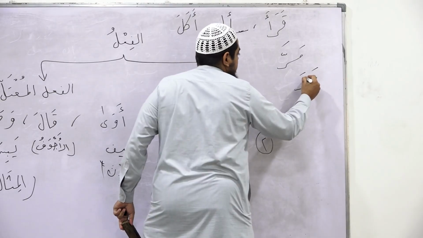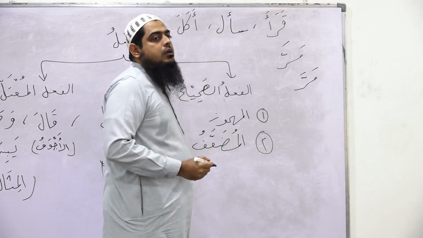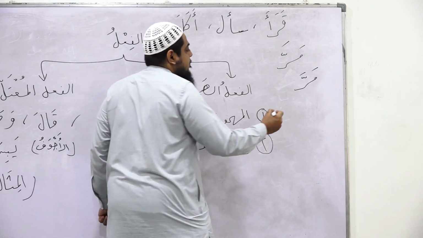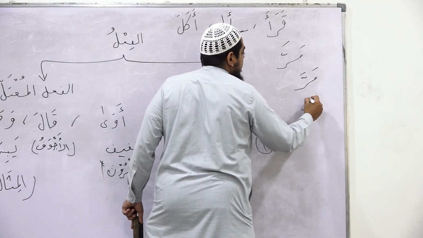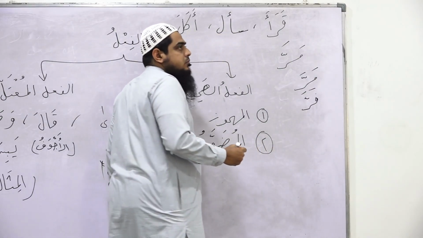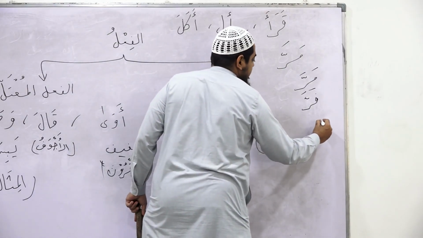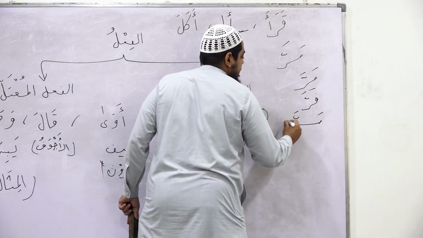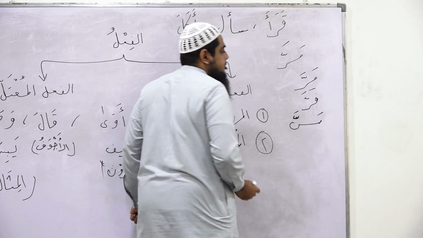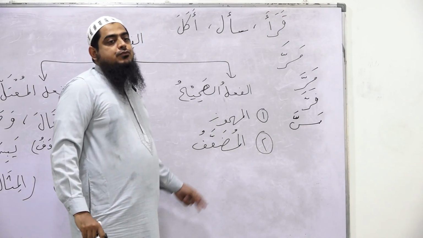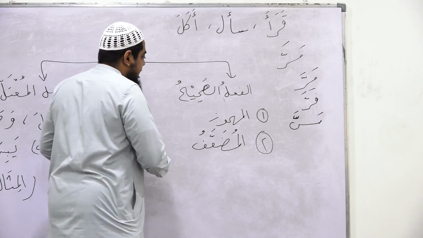They put tashdid here: marra. You have farra. Marra, yamurru, farra, yafirru, massa, yamassu. So this is al-mudha'af.